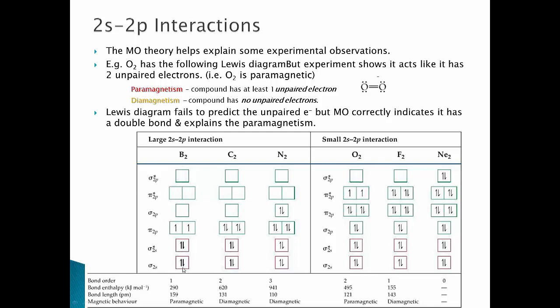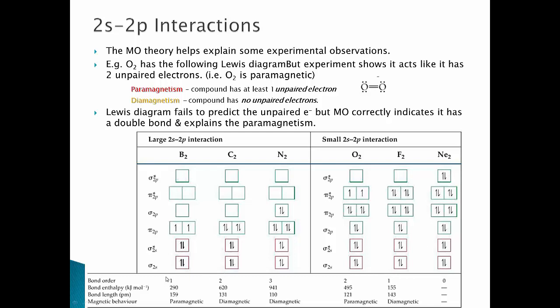So filling these, 2, 4, 6, 8, because we're increasing by 2 electrons each time, 2, 4, 6, 8, 10, you can see the picture here, and 12, 14 for the next one. The next two would be in here.